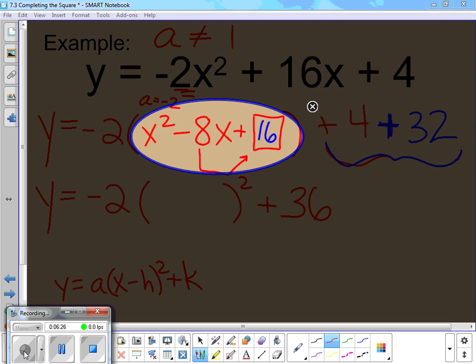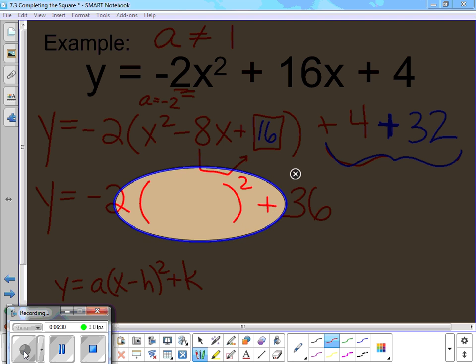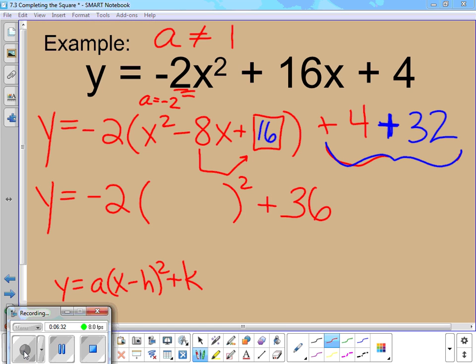Okay? So the x will become x squared. Whatever this sign is goes here. Whatever half of the 8 was goes here.